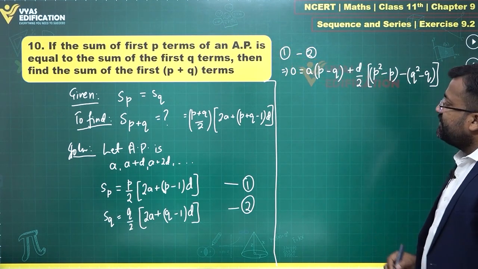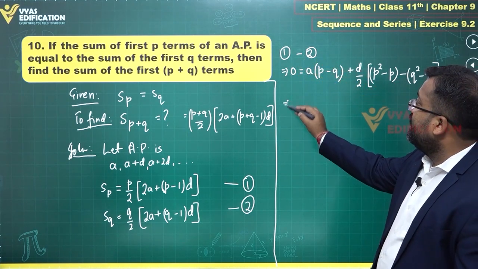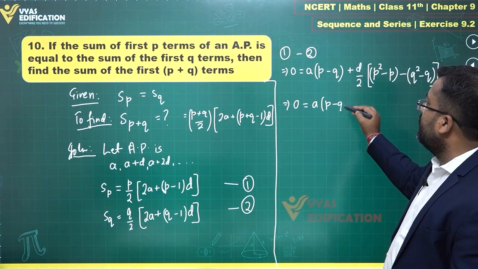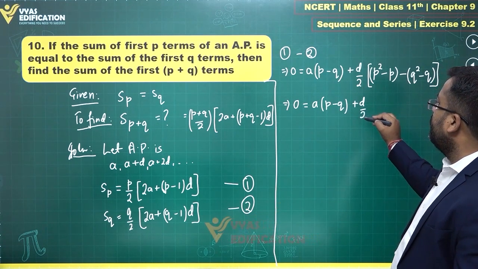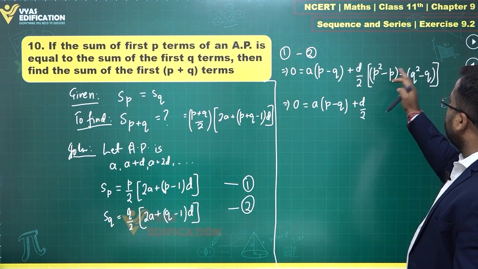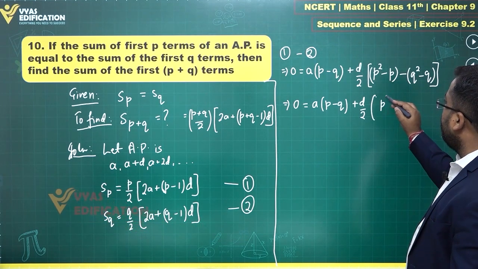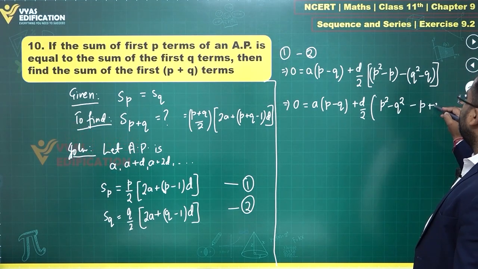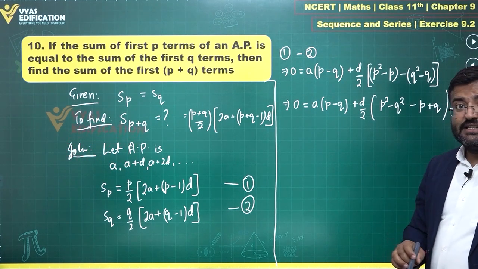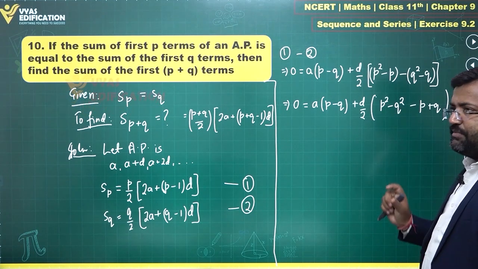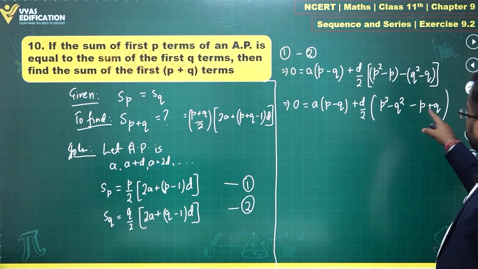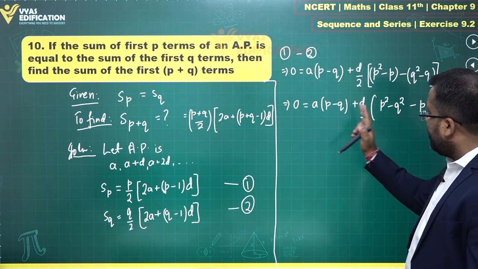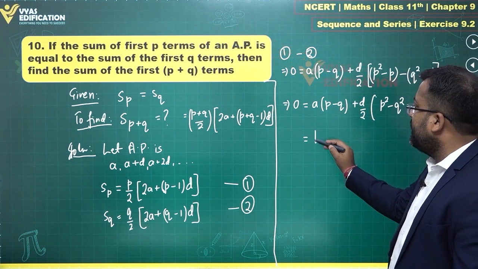So 0 is equal to a times (p minus q) plus d by 2 times (p square minus q square minus p plus q). This can be factorized as (p plus q)(p minus q), and I can take out a minus common, so p minus q remains. So p minus q can be brought out common from each term.